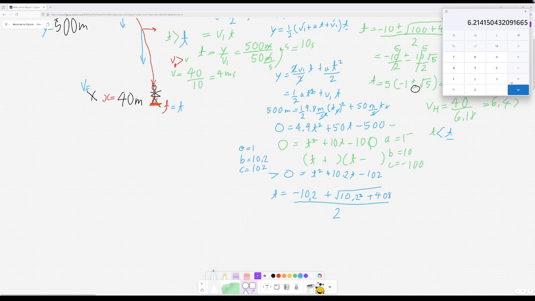And you see this? The time here, the real time, is ever so slightly larger than the estimated time. And so the real horizontal velocity is 40 divided by 6.21. Sorry. Oh, gosh.